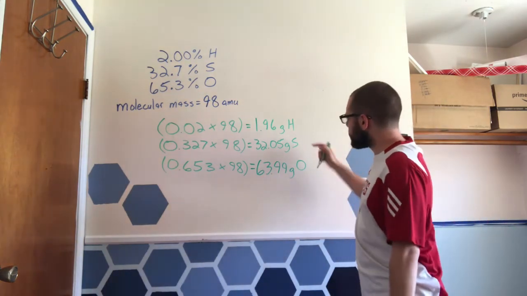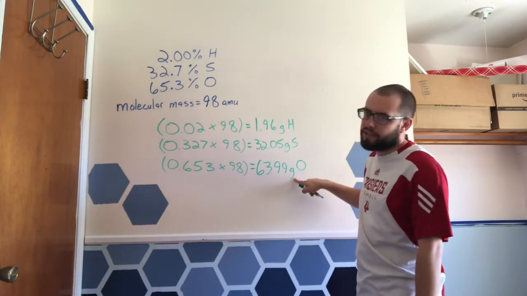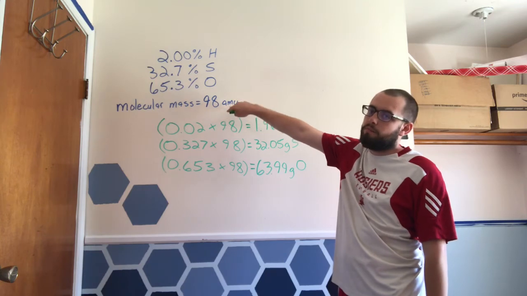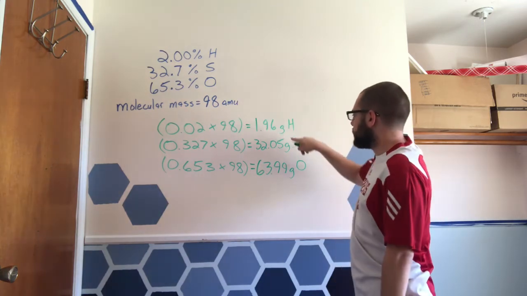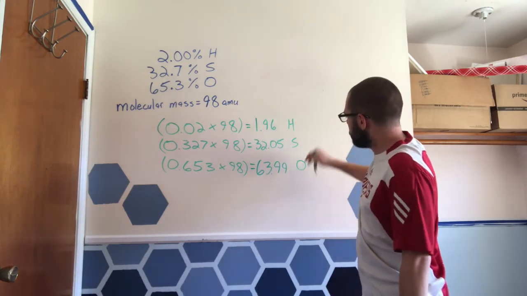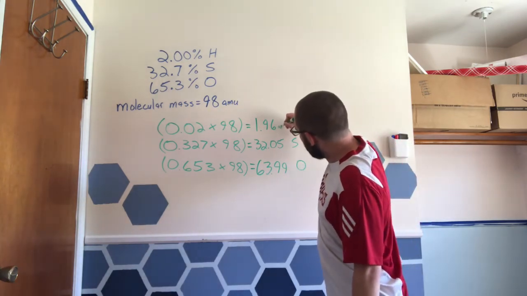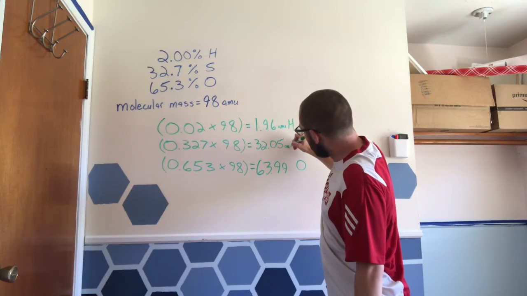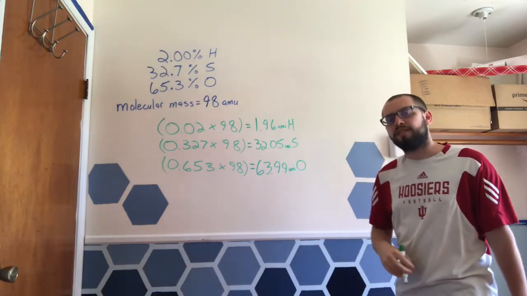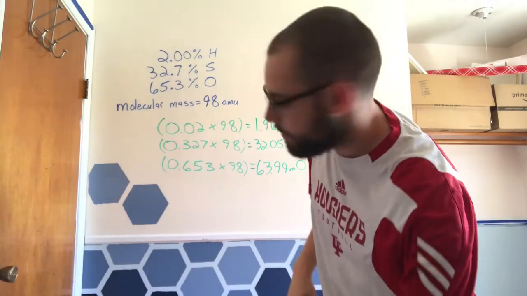And I'm sorry, these should actually be in atomic mass units, since I was starting with a molecular mass and not a molar mass. That's my bad. So these are actually in AMUs here. My last step is going to be to divide these numbers by their atomic masses, which I'm getting from the periodic table.